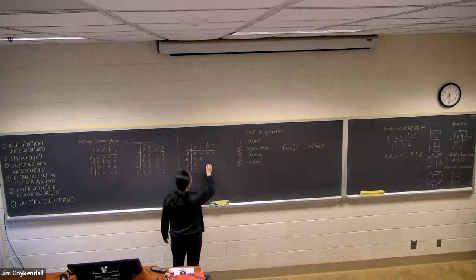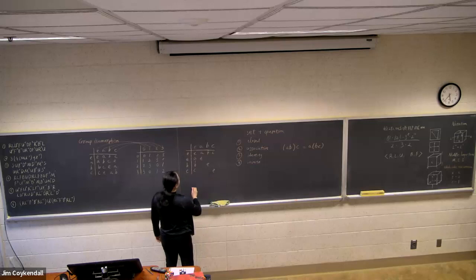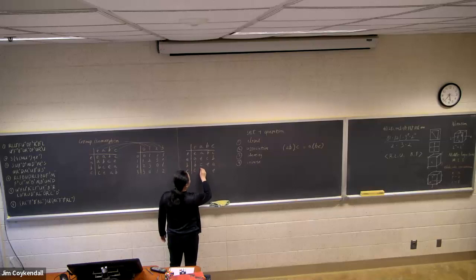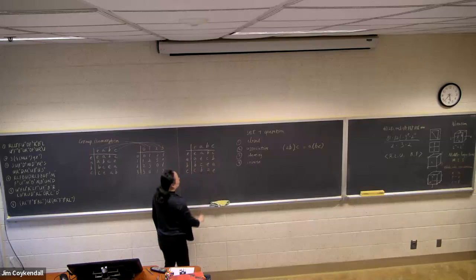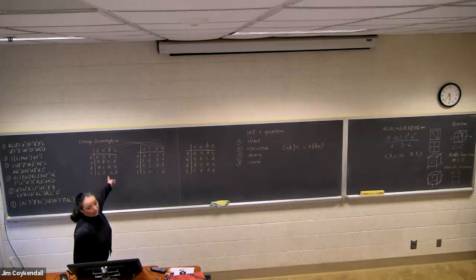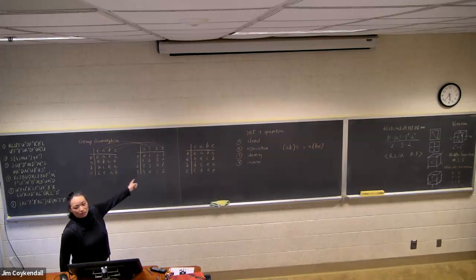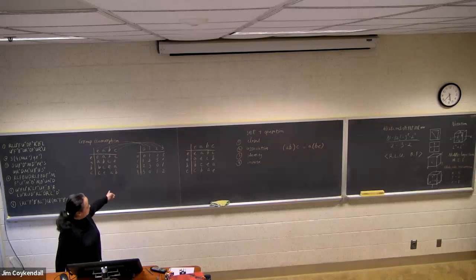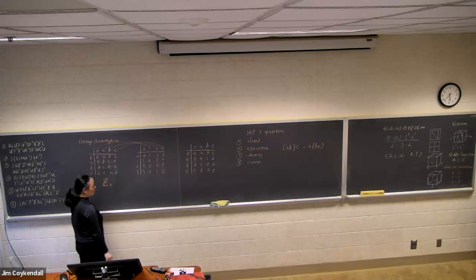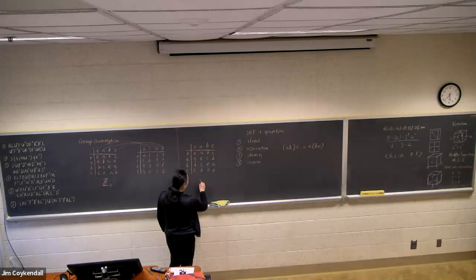So on the diagonals, they are all E. And then A times B gives you C, A times C gives you B, and C times A gives you B. Obviously, this group doesn't work the same way as this one, right? These two groups are not isomorphic. So this one is the cyclic group of order 4. This one is the Klein 4-group, denoted V.